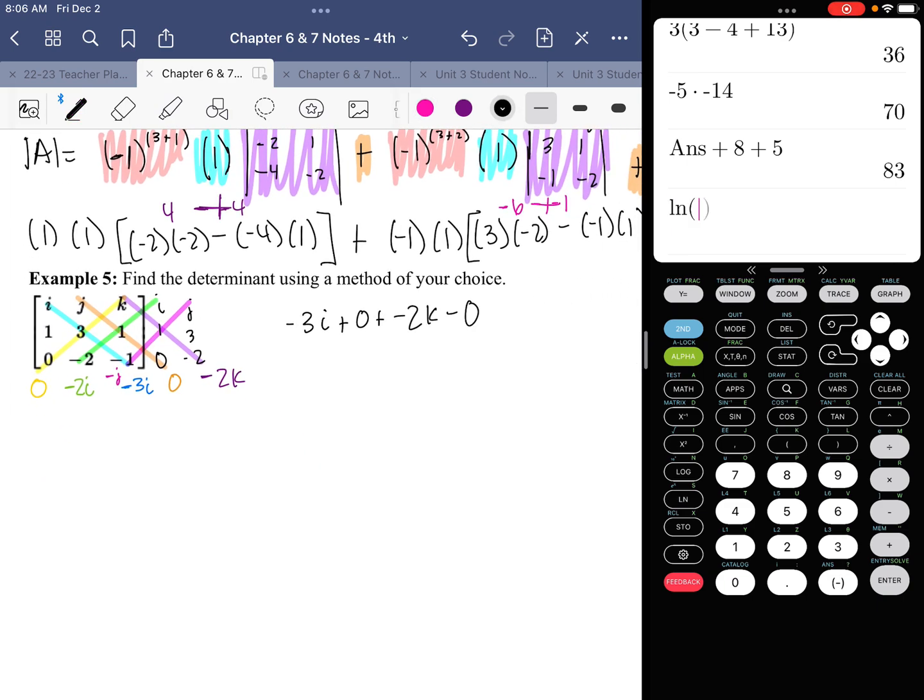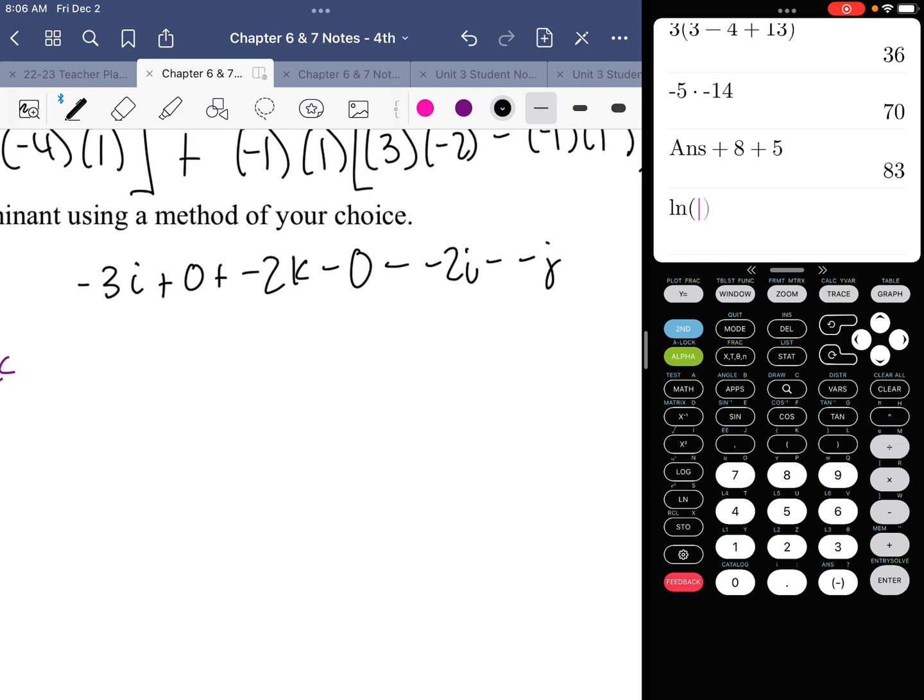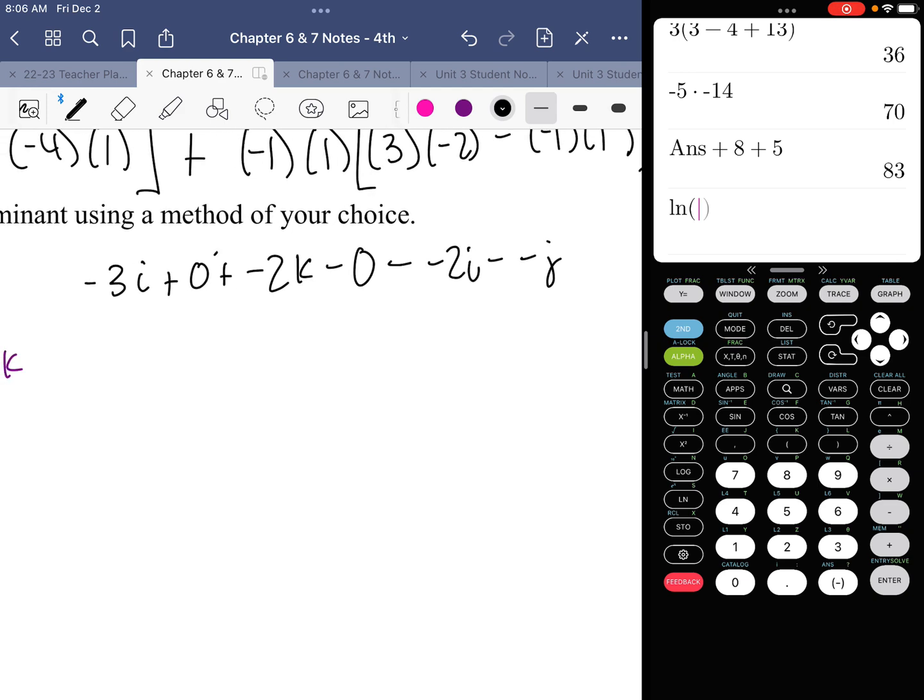So we're going to do minus 0 minus a negative 2i minus a negative j. So then we can come in here and fix some signs here. So the zeros are going to go away. This becomes a plus, this becomes a plus. So we end up with negative 3i plus 2i minus 2k plus j.